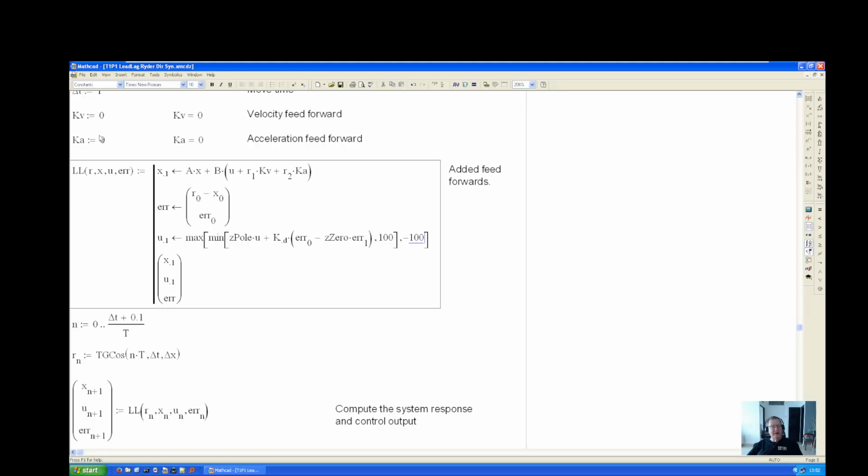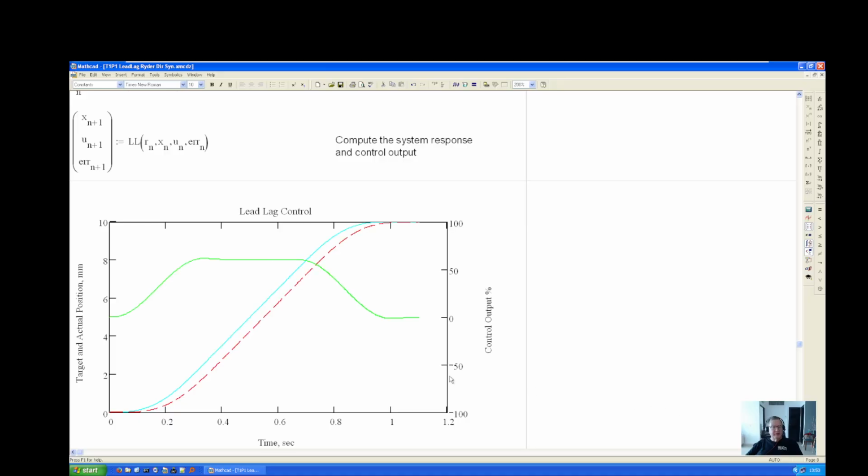But right now I have them set to 0, so we're not using feed forwards. But other than that, this is the same, and I'm taking the output and limiting it to plus or minus 100%. But in this case, because I'm doing a smooth ramp, I don't ever saturate the system. You should always have the plus or minus 100%, but it's not going to be reached in this case.